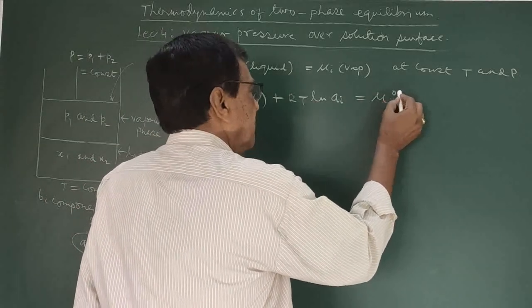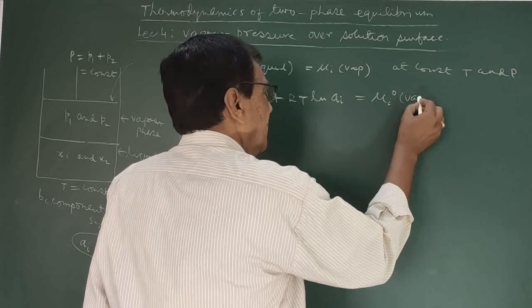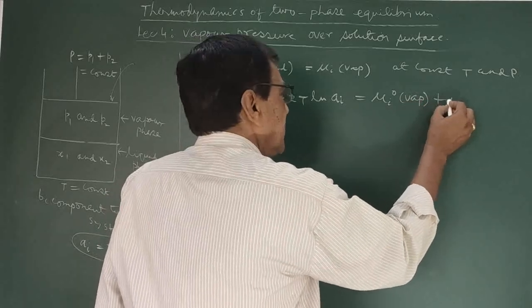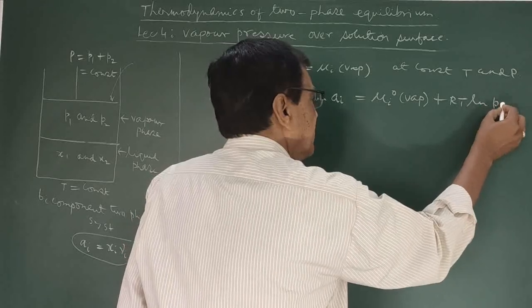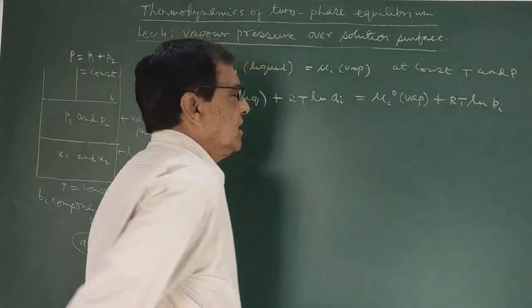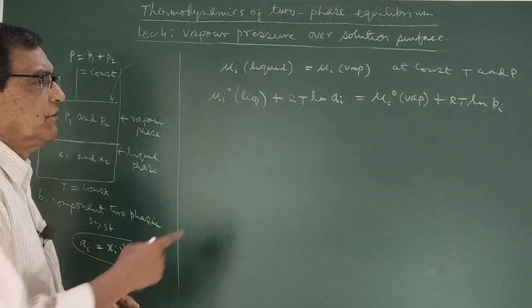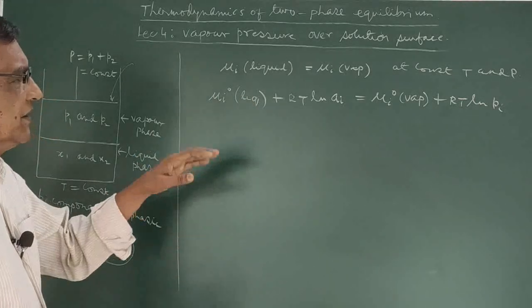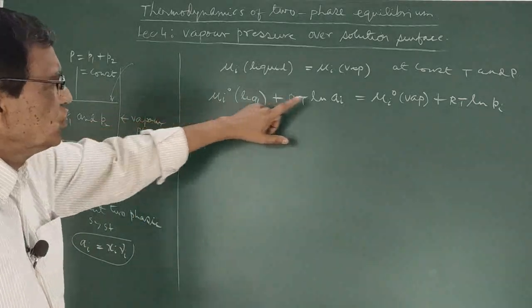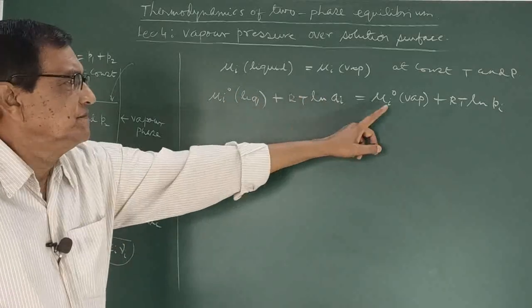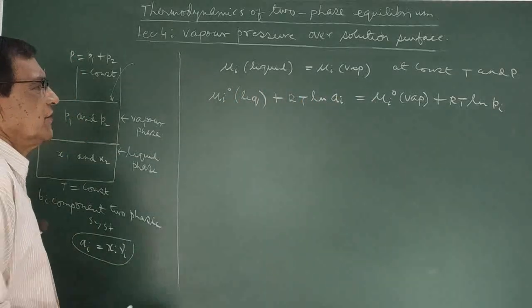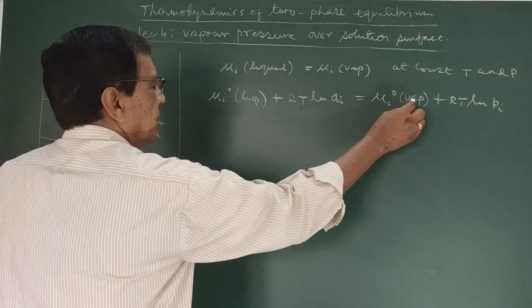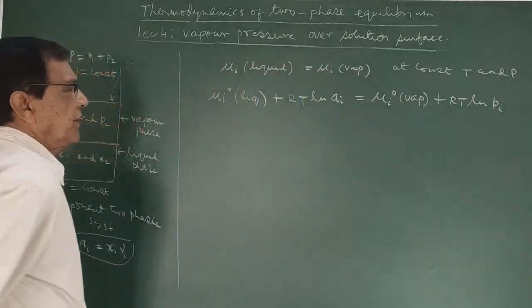Let us put here a i instead of x i, and this is equal to mu i naught vapor plus RT ln P i. P i is the saturated vapor pressure over the solution for the ith component, and these two are the standard values for the liquid phase and the vapor phase for this ith component.